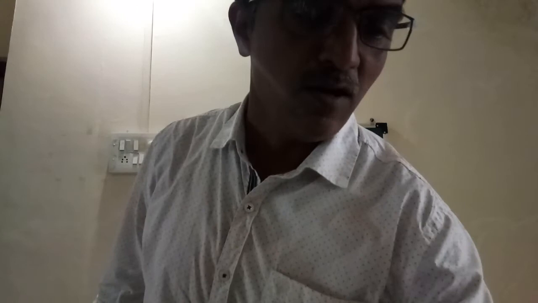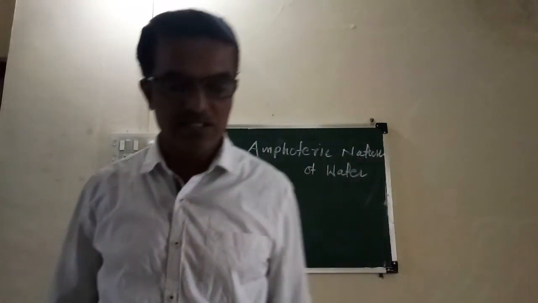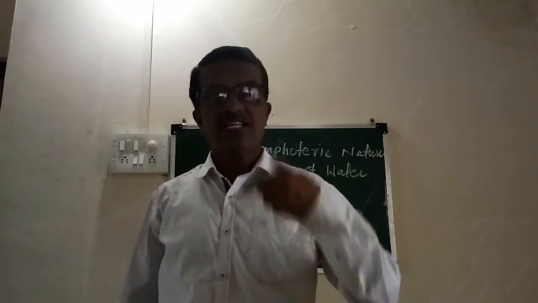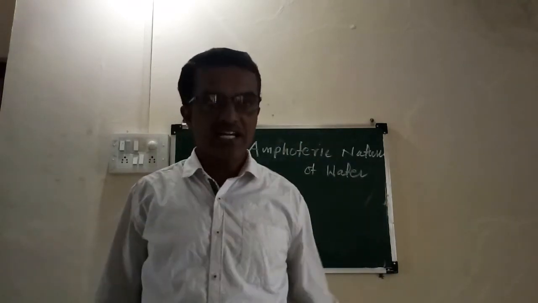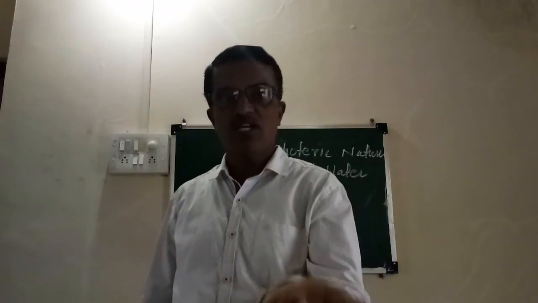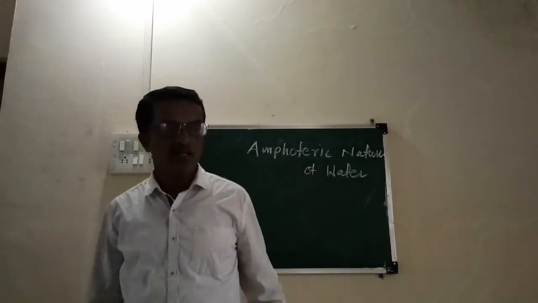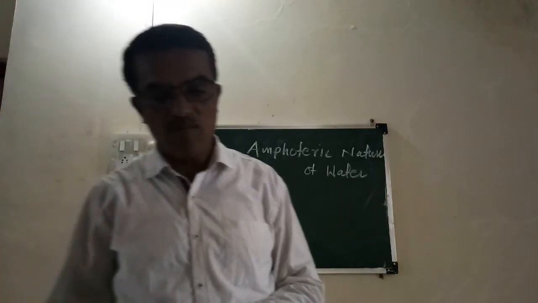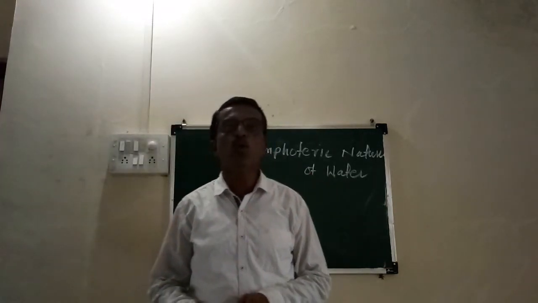In CET or NEET examinations, they can ask examples. Amphoteric means dual nature. Water acts as an acid as well as a base. Water acts as an acid by donating its proton to another substance, and water acts as a base by accepting a proton. Such dual nature of water is known as the amphoteric nature of water.